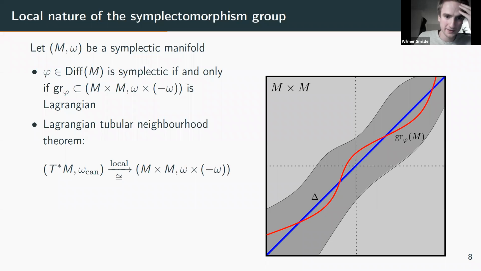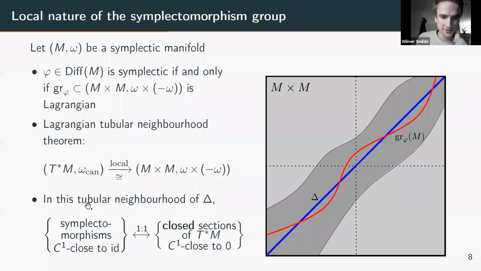And how do we describe the Lagrangians nearby the diagonal? For this, we appeal to the Lagrangian neighbourhood theorem to obtain a local symplectomorphism between the cotangent bundle equipped with the canonical symplectic form and a product manifold. Local means that it's defined in a tubular neighborhood of M near the diagonal.